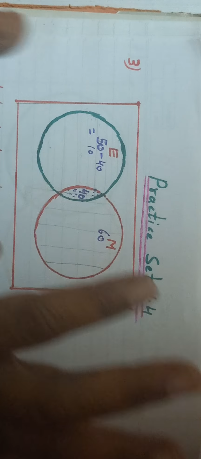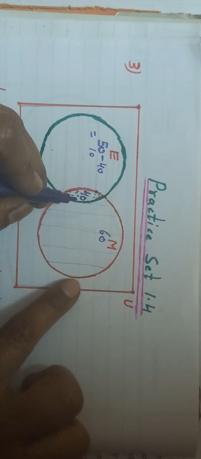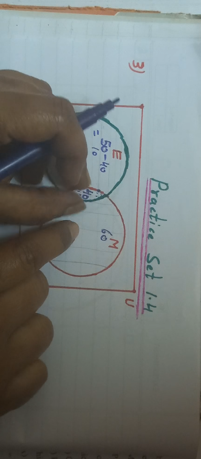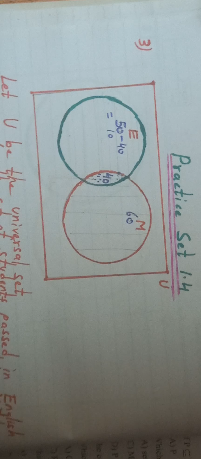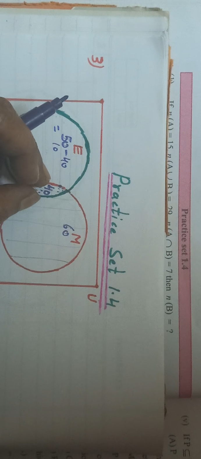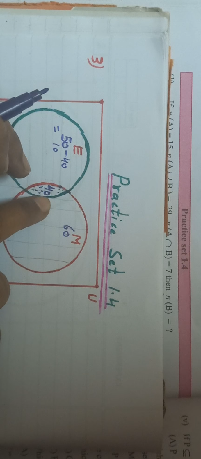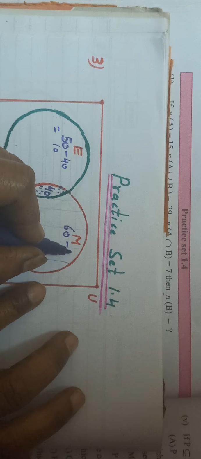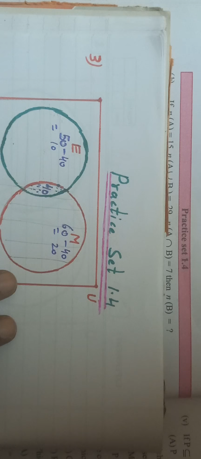So if I want only students who passed in maths, that will be from here to here, this region. This common region you have to subtract. That point should be understood by you. Here both are there, English and maths. But from here to here, this region, excluding this region means I have to subtract 40. So 60 minus 40 is 20.